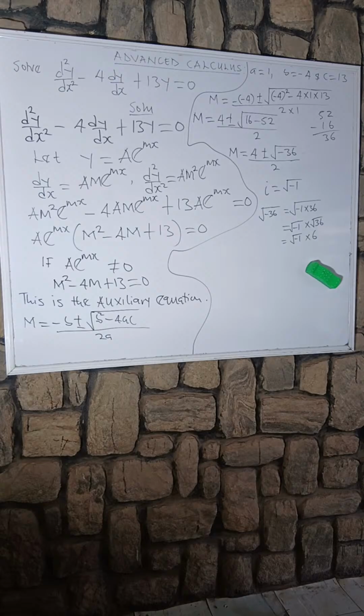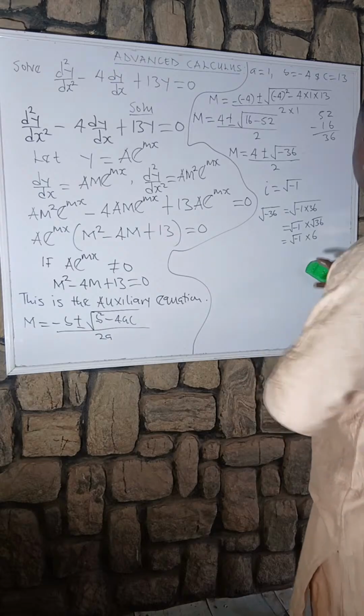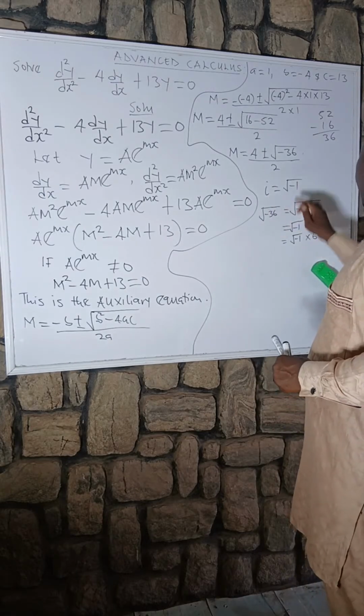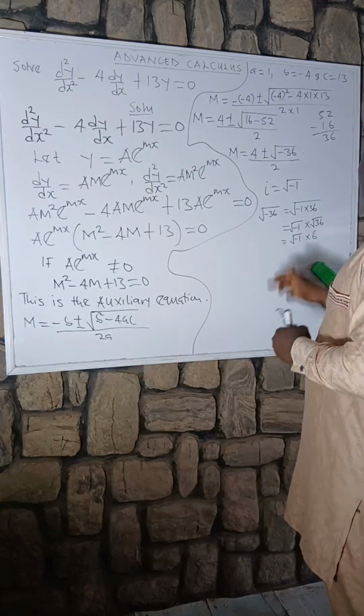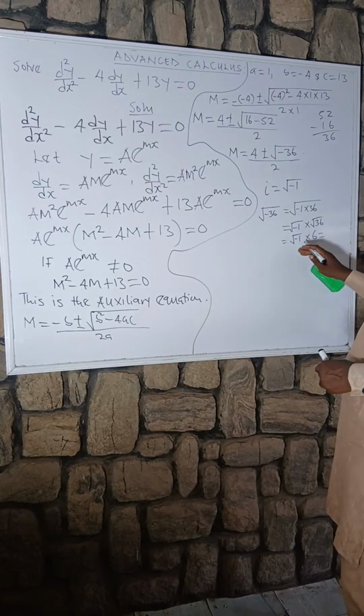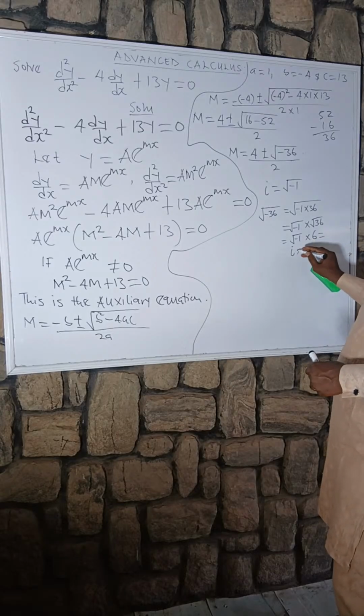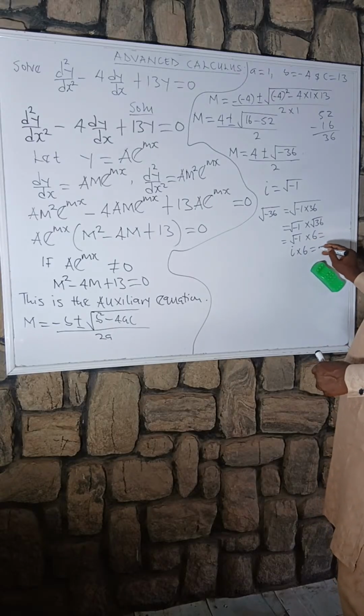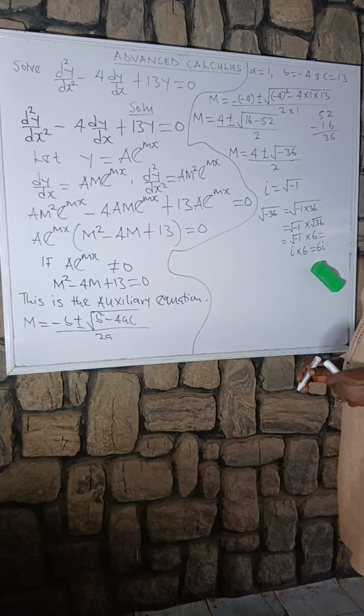Okay, so you agree with me, right? So it means i is the square root of minus 1. So it means this will now be equal to i times 6, which is equal to 6i. Do you agree with me?